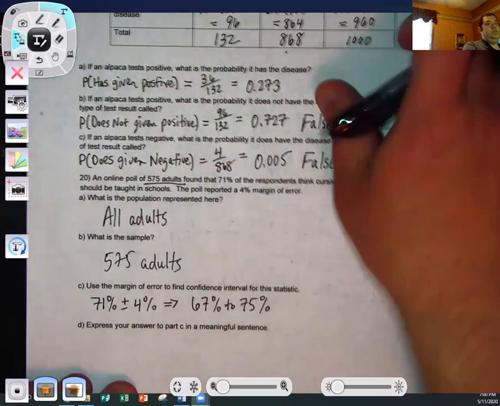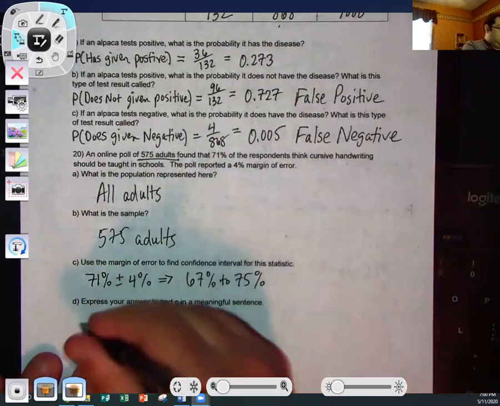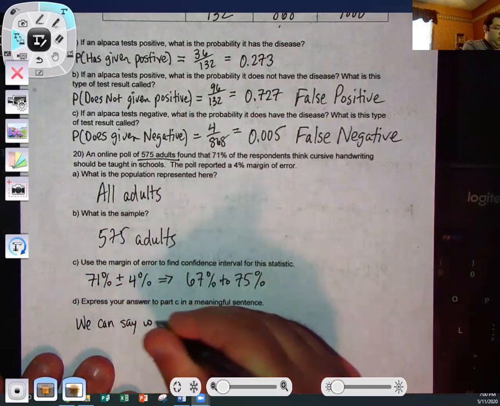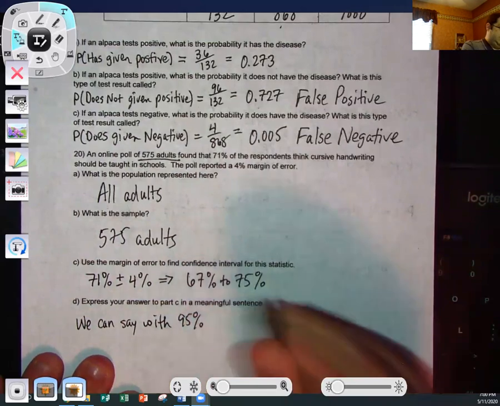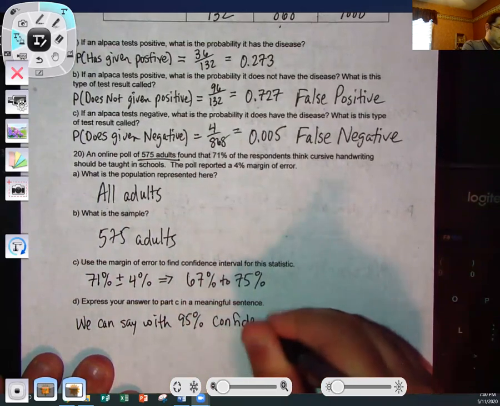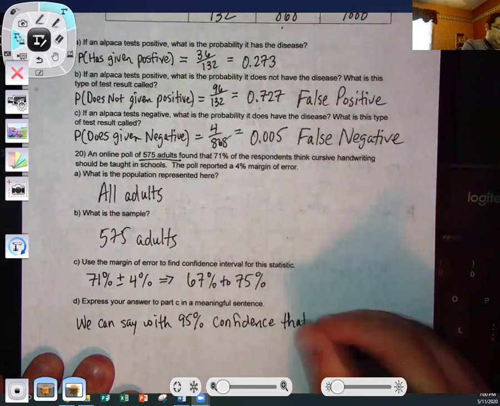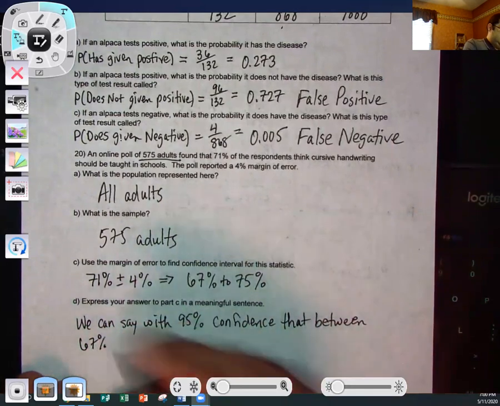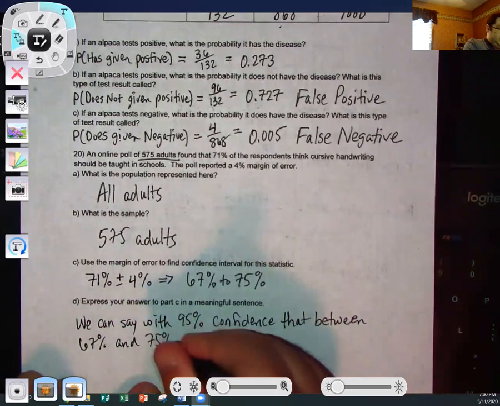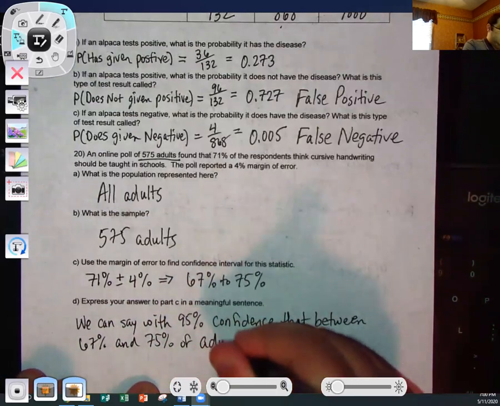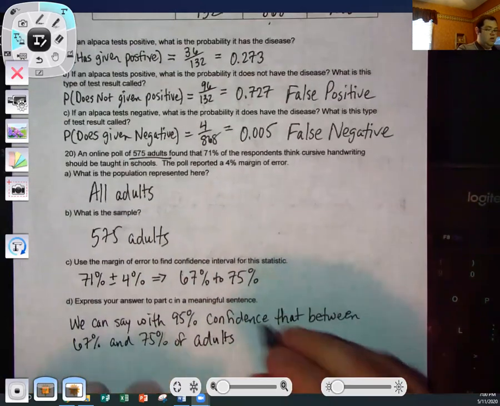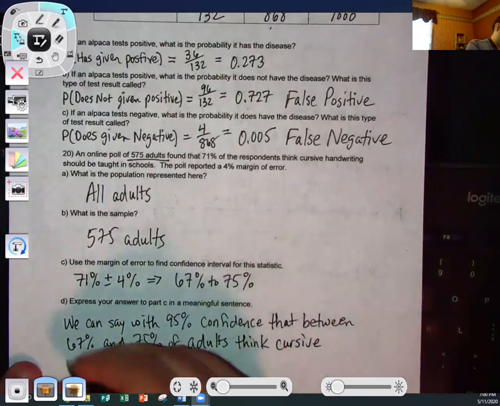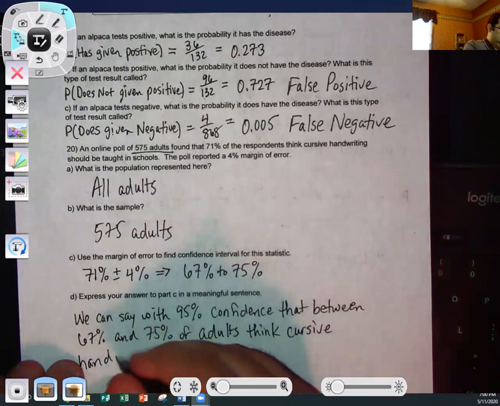So then for part D, where it says express your answer in a meaningful sentence, we can say something that says, we can say with 95% confidence that between 67% and 75% of adults think cursive handwriting should be taught in school.